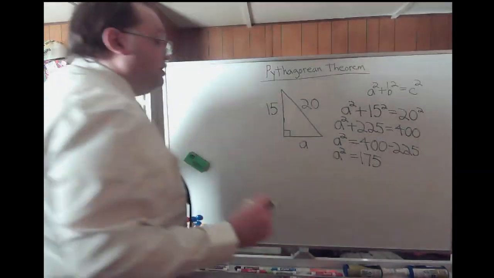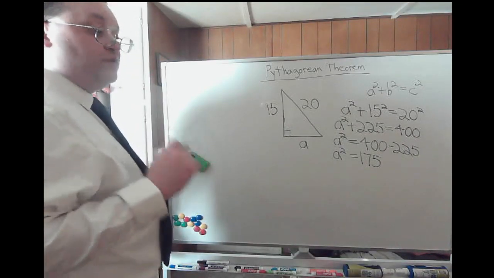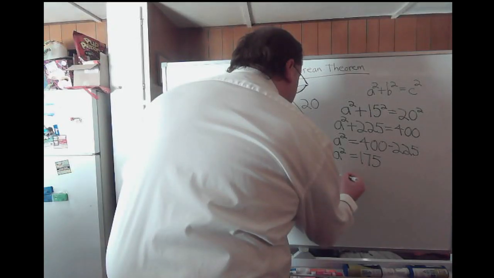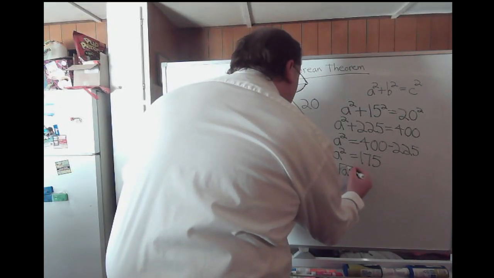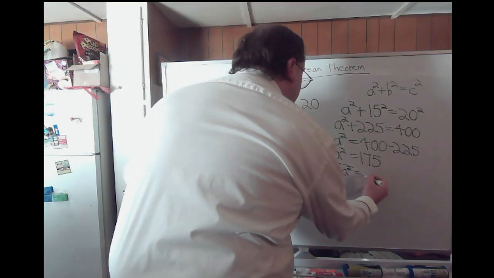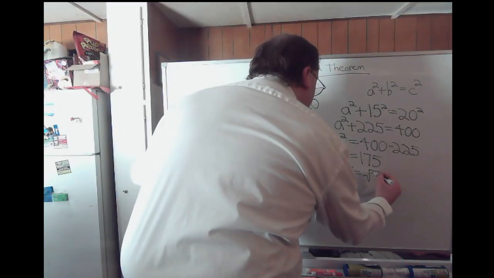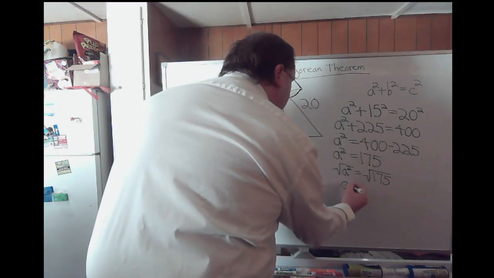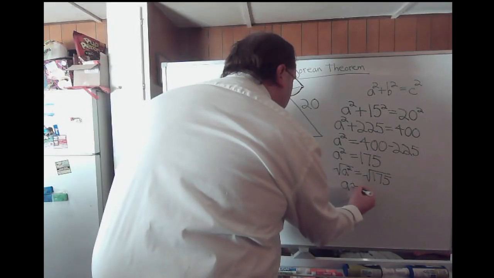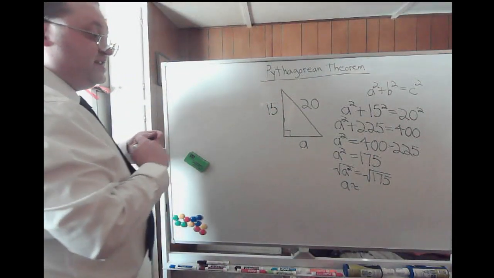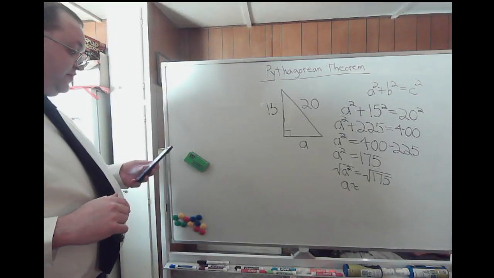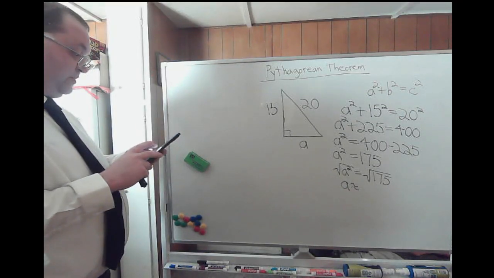Now that's great. We know the length of a squared. We don't know the length of a. Well, in order to get just a, we have to take the square root of a squared, which means we also got to take the square root of 175. Well, square root of a squared just turns out to be a, and I can tell you the square root of 175 is not a perfect square, so that's going to have to go into the calculator.